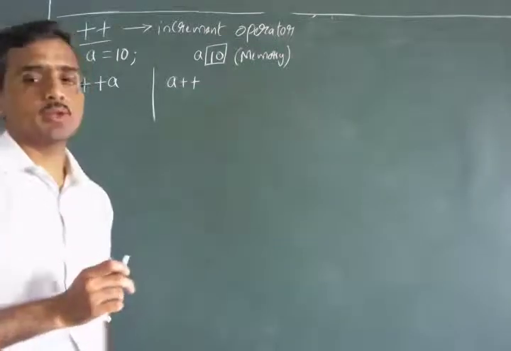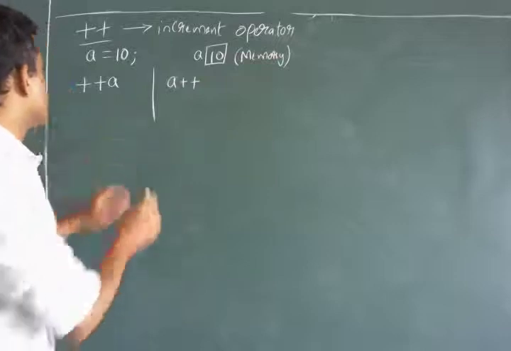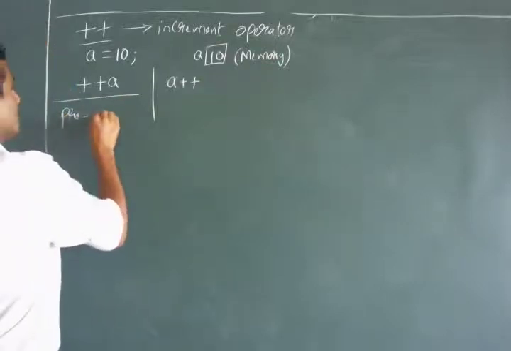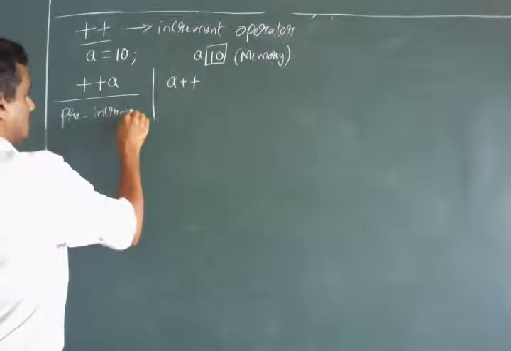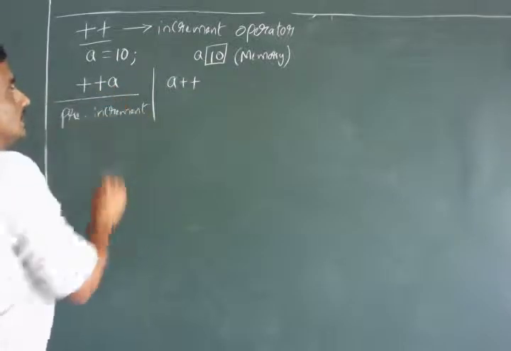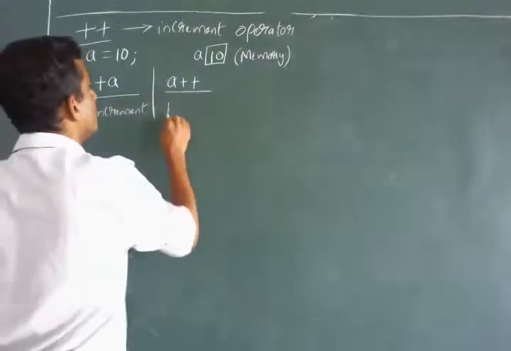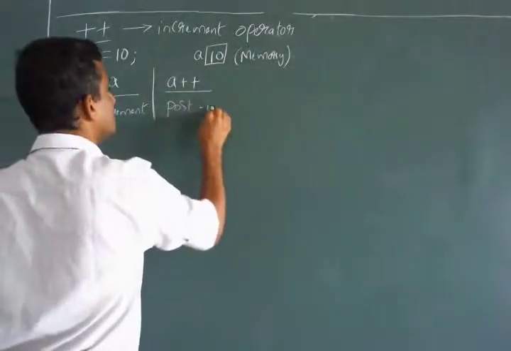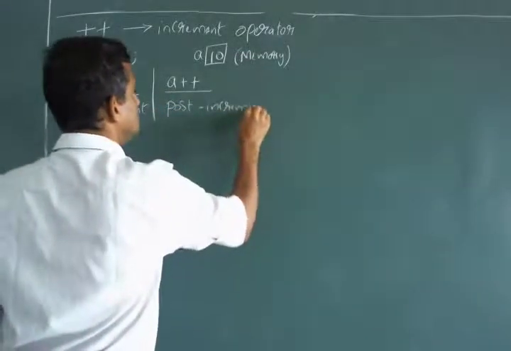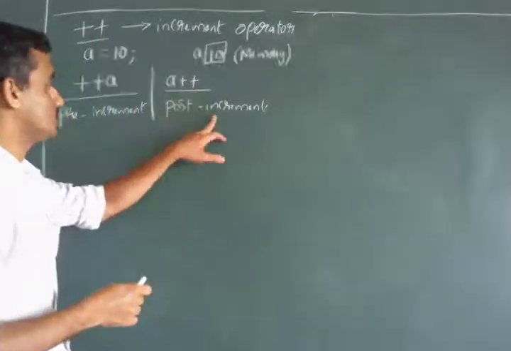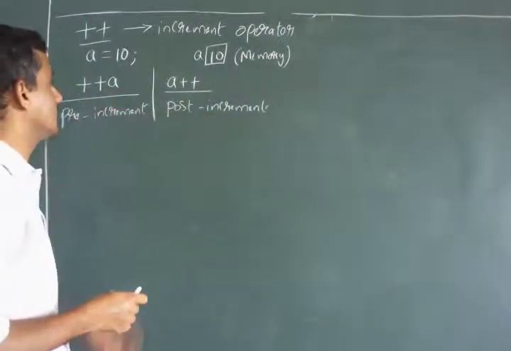In the next example, I will tell you. When the operator is before the variable, it is called pre-increment. When it is after the variable, it is called post-increment.